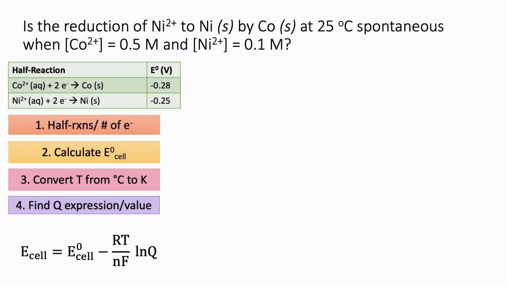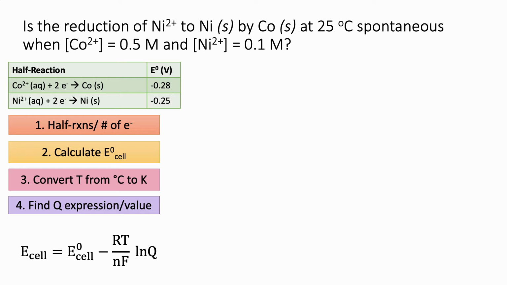How is this non-standard? Well, the answer is look at these concentrations. Remember that standard conditions include having everything at 1 molar or 1 atmosphere if you're doing a pressure-based Q. We don't have 1 molar concentrations, so we are not under standard conditions.